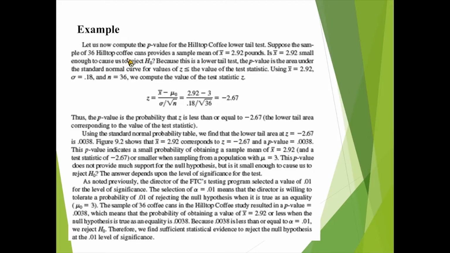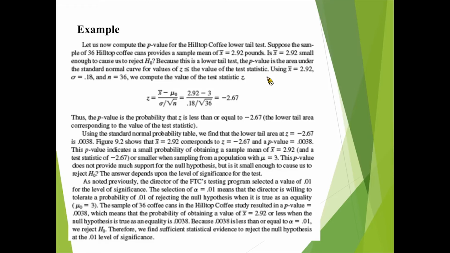Because this is a lower tail test, the p-value is the area under the standard normal curve for values of d less than the value of the test statistic. Using the sample mean, the standard deviation of 0.19, and the sample size of 36, we compute the value of the test statistic d.